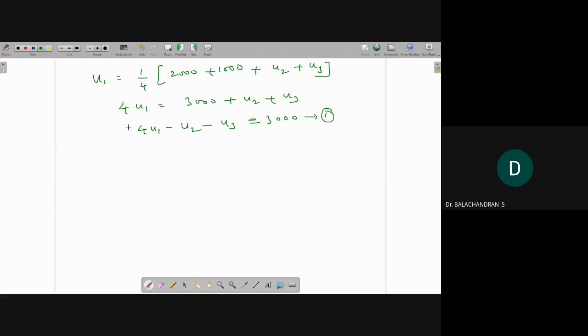Similarly, u2 equal to 1 by 4, again using the standard 5-point formula: u1 plus 1000 plus 500 plus u4. Please verify in the diagram also.